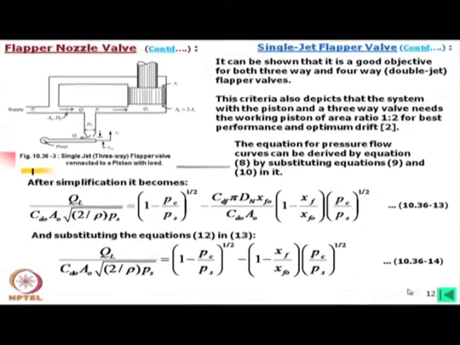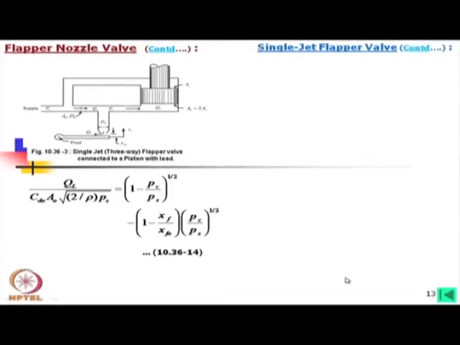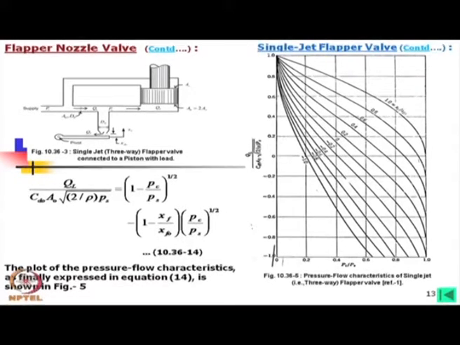Now, if we look into this equation, then this is plotted here in this curve, and this plot of pressure flow characteristics is finally expressed in 14 and is presented here.